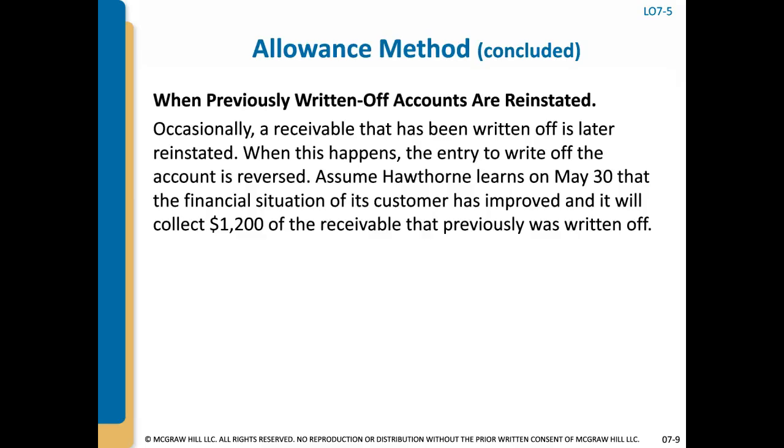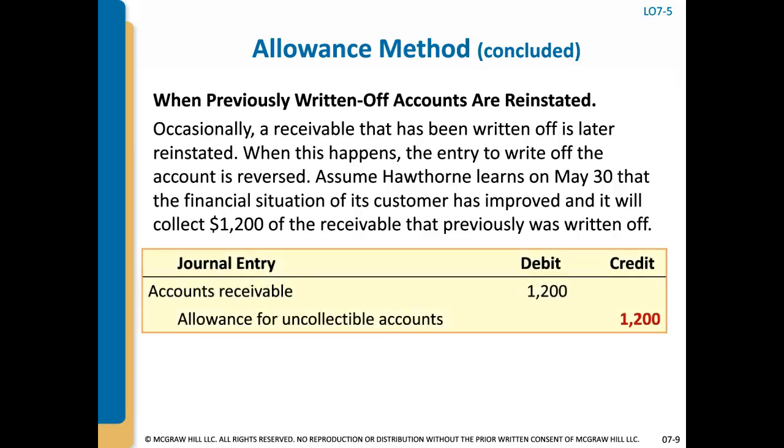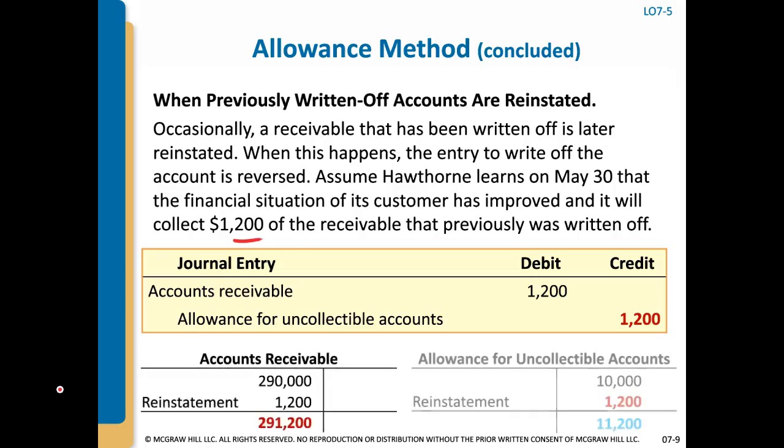Let's just say that of this $15,000, we were wrong. We thought for sure we're never going to get that $15,000, but something happens. Assume Hawthorne learns on May 30th that the financial situation of the customer that we booked the $15,000 write-off for has improved, and it's going to be able to collect $1,200 of the receivable that was previously written off.